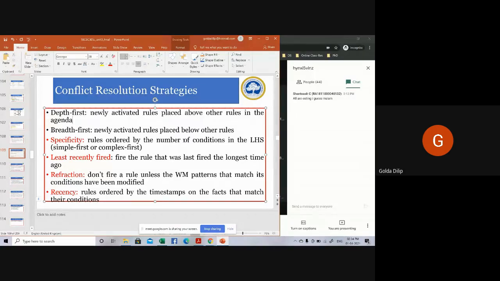In the conflict set, the expert system or your agent-based system will first fire the rule whose antecedent uses the data most recently added to the database. So the rules are ordered by timestamps. Based on that, you can find out which is the most recent one, with a time value associated with the facts that match their condition.